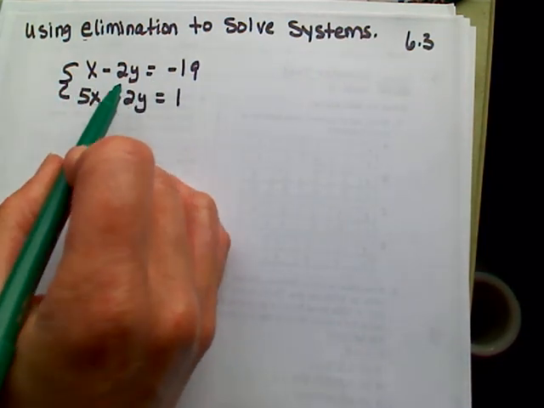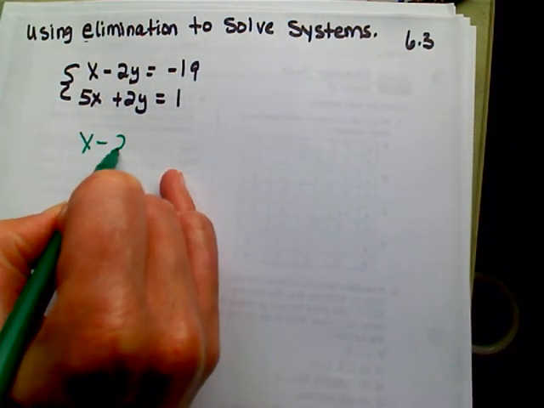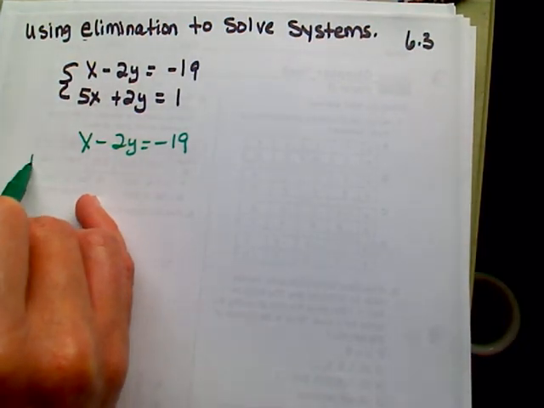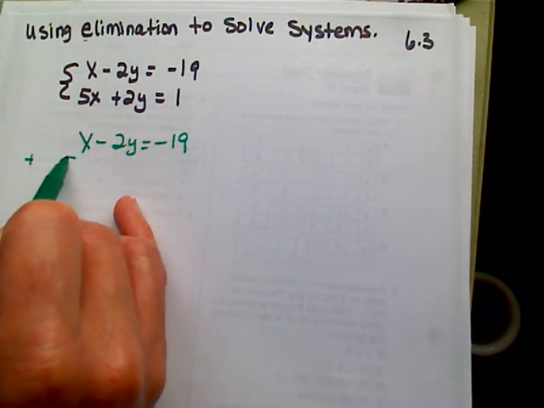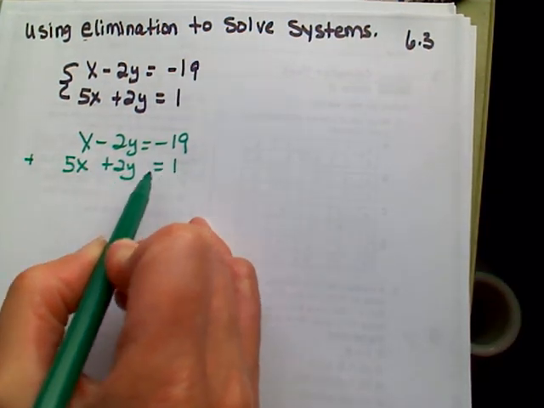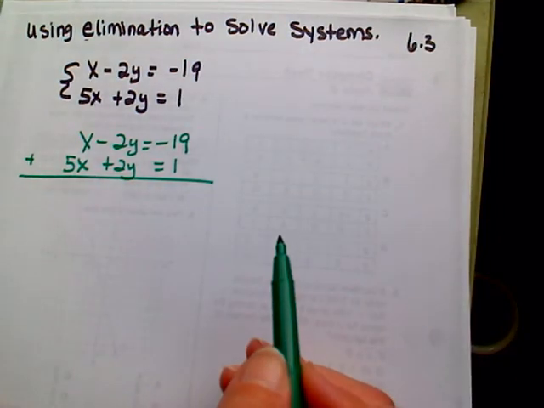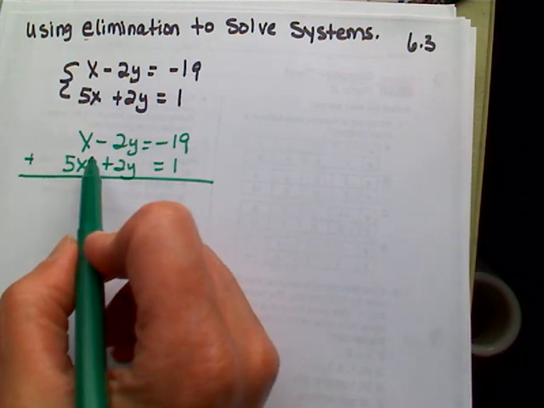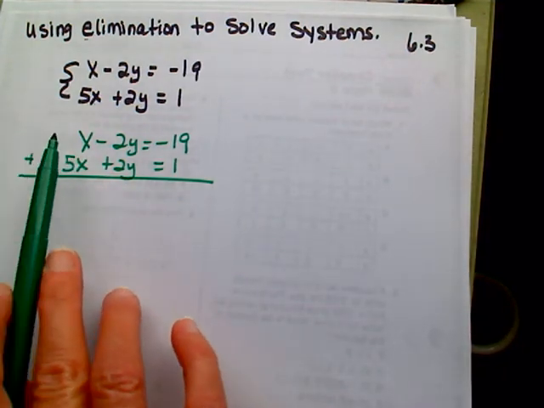So if I rewrite this first equation as x minus 2y equals negative 19, and I set it up like an addition problem, and 5x plus 2y equals 1, I can clearly see that I can cross out the two y's. But let's just go in order.